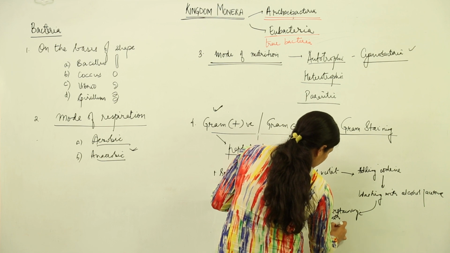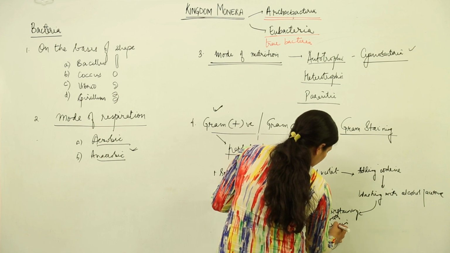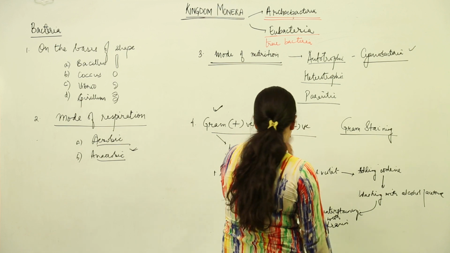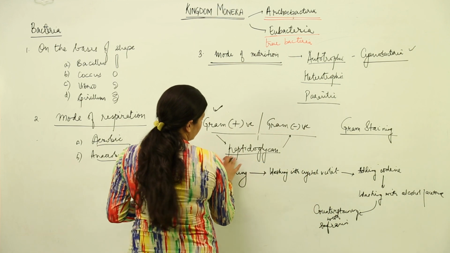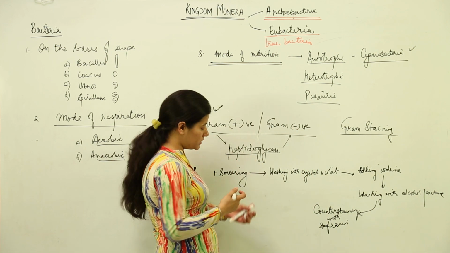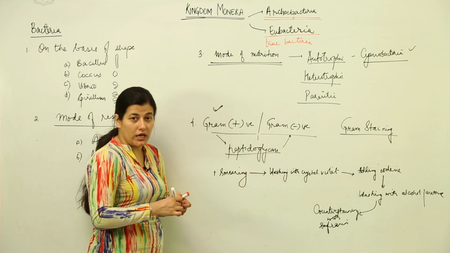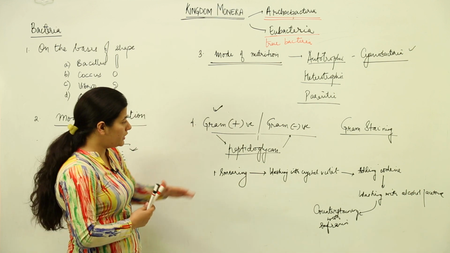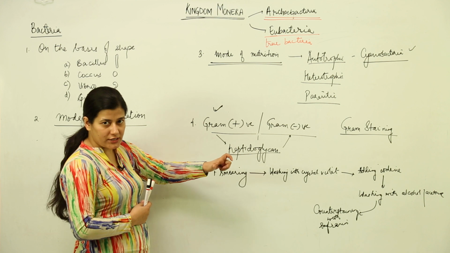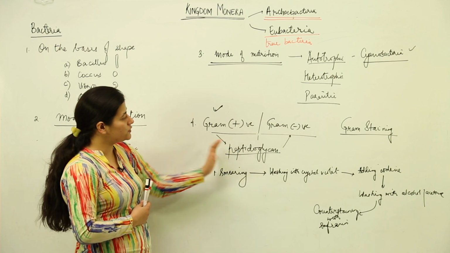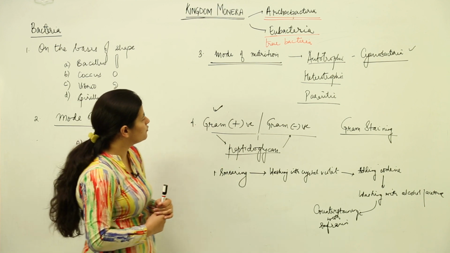Now you know safranin is pinkish in color. The bacteria that would have lesser peptidoglycan would appear pinkish, while the one which has greater, which has imbibed crystal violet completely due to iodine, would have the violet coloration. So that is the difference between gram positive and gram negative bacteria.